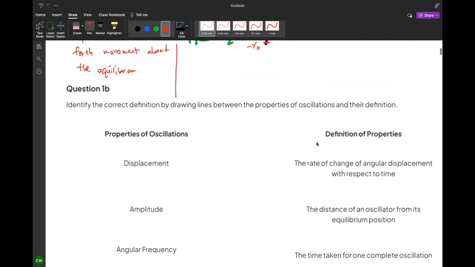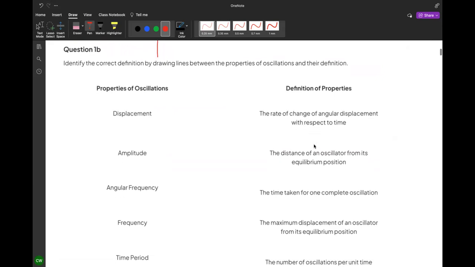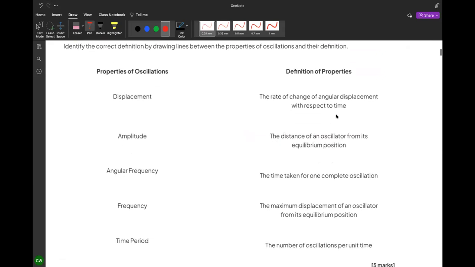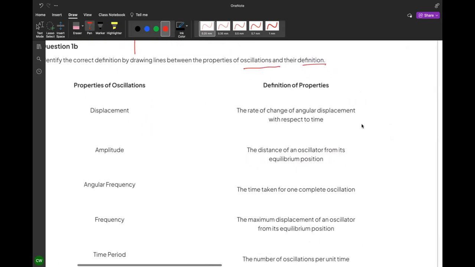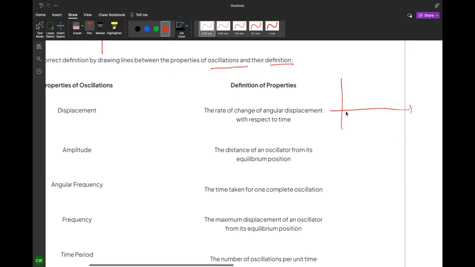Identify the line by drawing. So displacement. Which one is a displacement? This is about the properties of oscillation. Displacement is the distance from the equilibrium position.